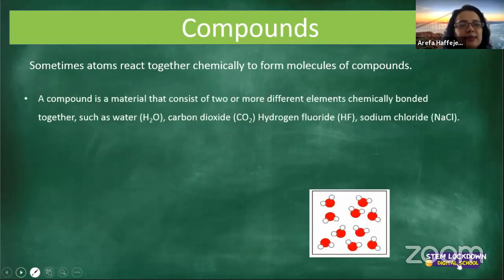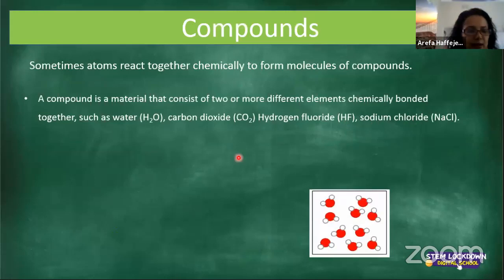So a compound is a material that consists of two or more different elements chemically bonded together, such as water. So you have two hydrogen atoms and one oxygen. Carbon dioxide, so you have one carbon and two oxygen. And we have hydrogen fluoride, which is the symbol HF, and sodium chloride, which is NaCl.